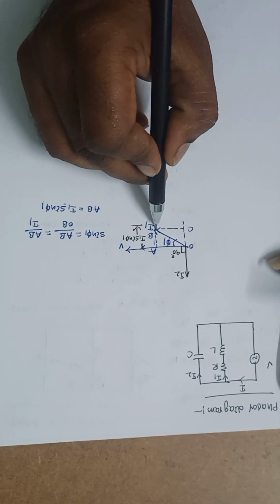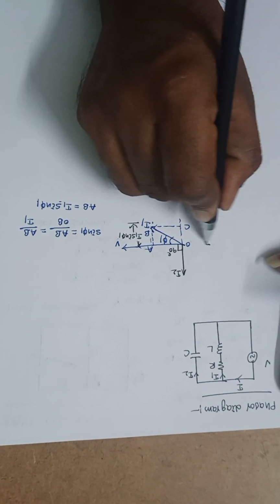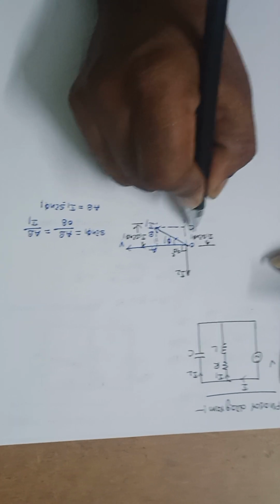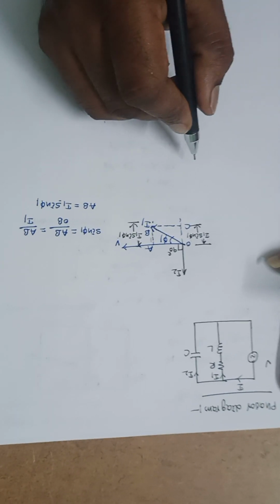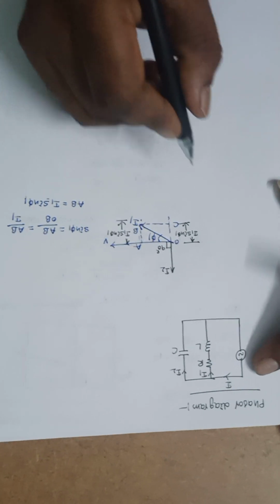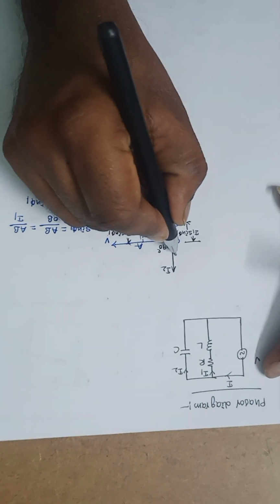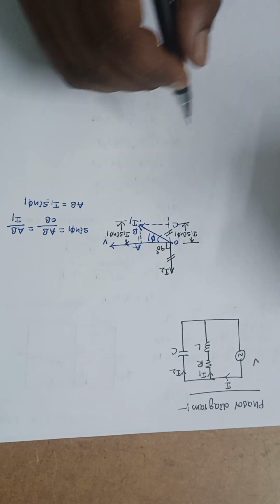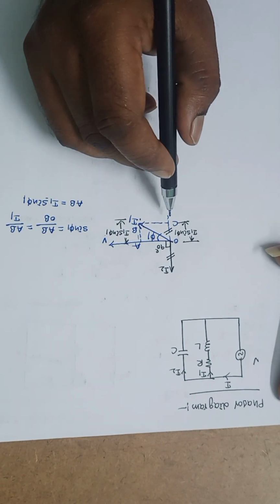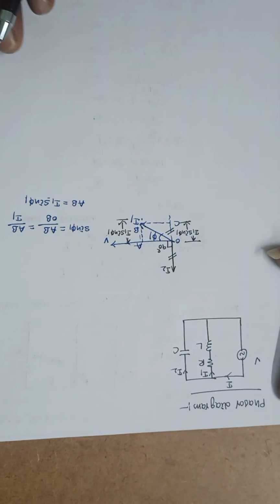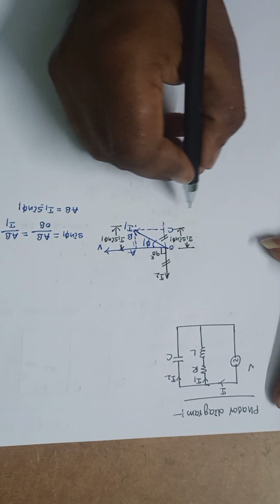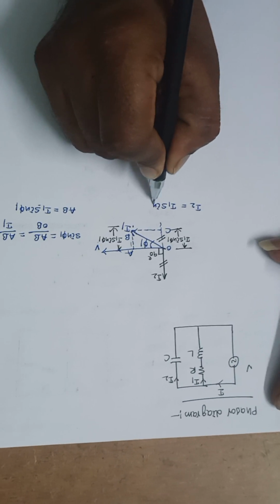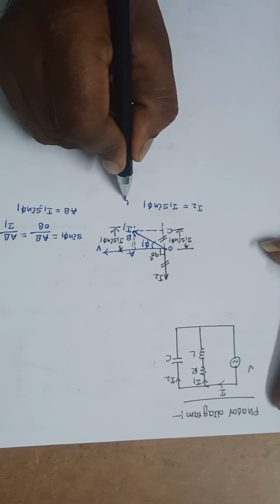So this AB is nothing but this OC. As per the definition of resonance, this should be equal to this one. That means this I2 should be equal to this I1 sin phi 1. That is, I2 should be equal to I1 sin phi 1 under resonance.